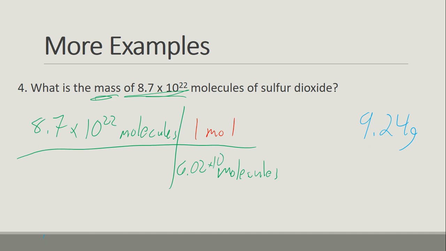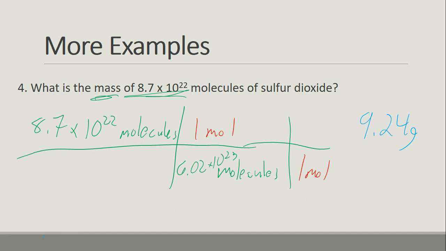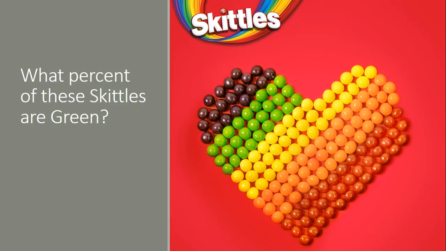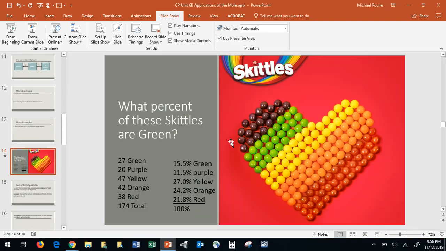So if you do this math backwards now, and then every 1 mole of SO2 weighs what we just did on the other page, and I think it was 64 grams. So if you do that, you'll get back to 9.24. All right, and that's all I'm going to talk about for this, and that is the first couple days of what we did.